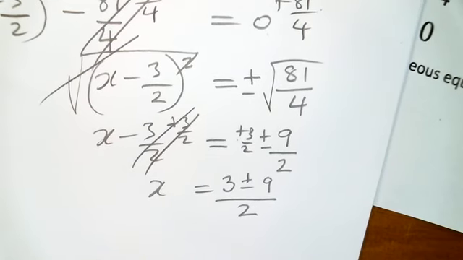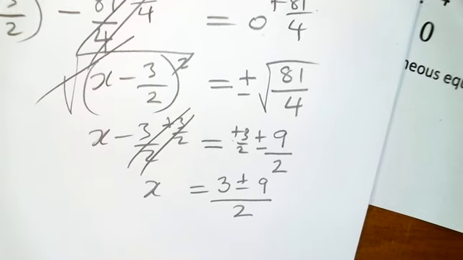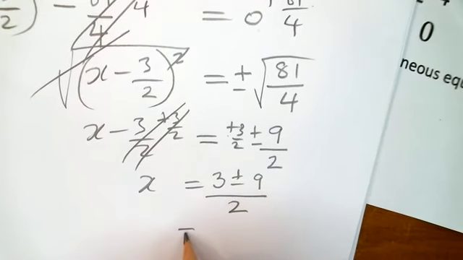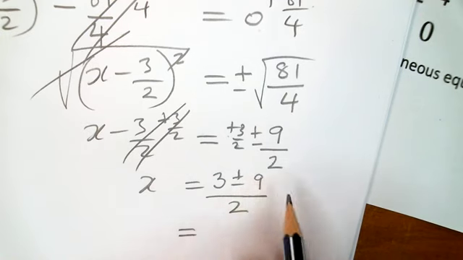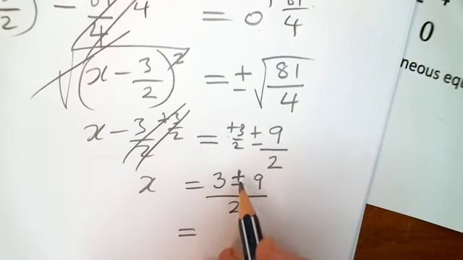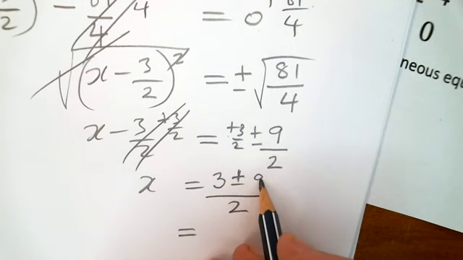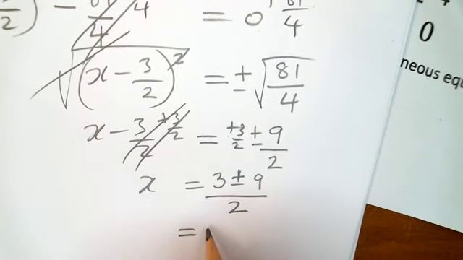Now, I can go ahead, and this now becomes very, very simple. I don't even need a calculator to solve this. Okay, let's have a look at what I've got. So I've now got 3 plus 9. I'm going to do plus first. 3 plus 9 is 12, divided by 2 is 6.